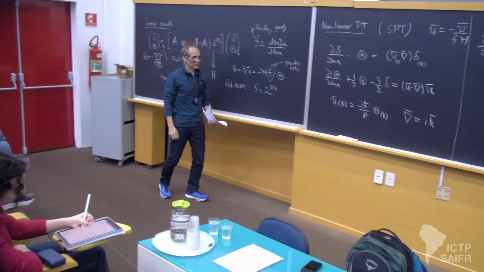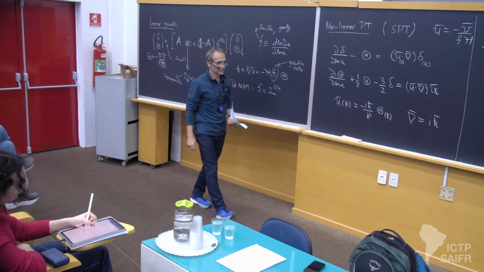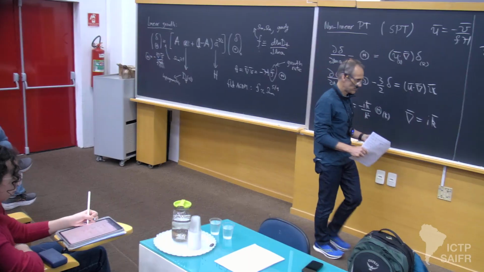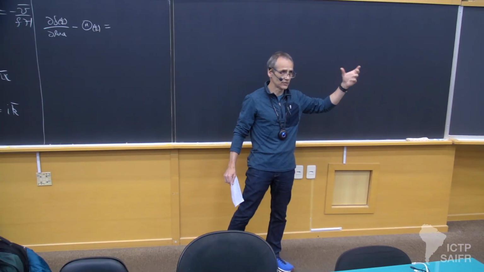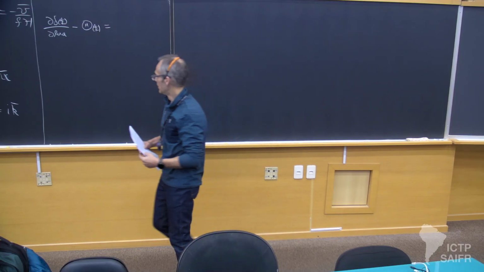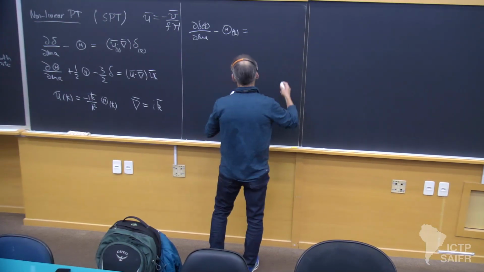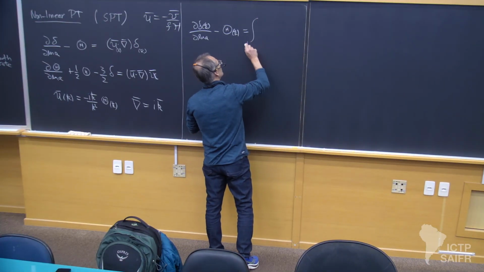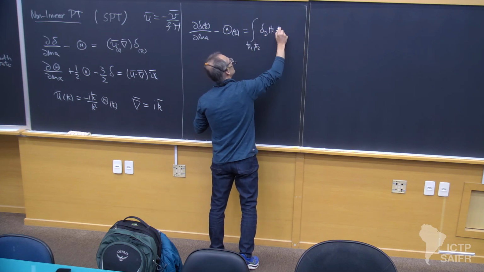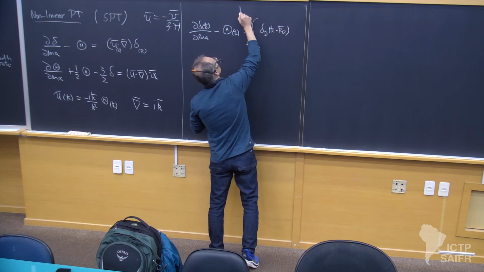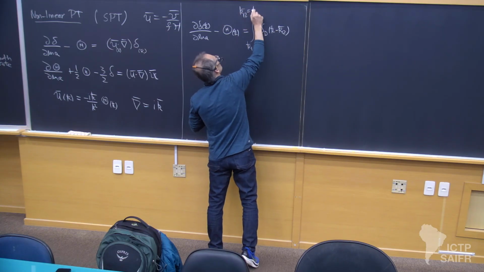But it's a quadratic nonlinearity, so when you Fourier transform, if you remember your Fourier transforms, the Fourier transform of a product is a convolution of the Fourier transforms. So there will be some integral on the right-hand side, which will be a convolution. So remember, K12 is the sum of two Ks.